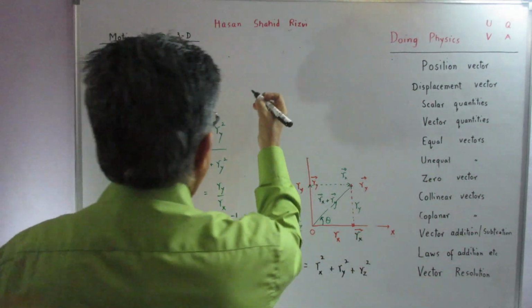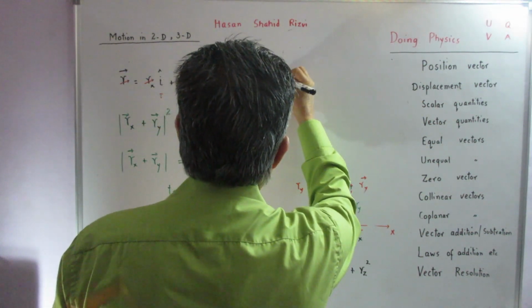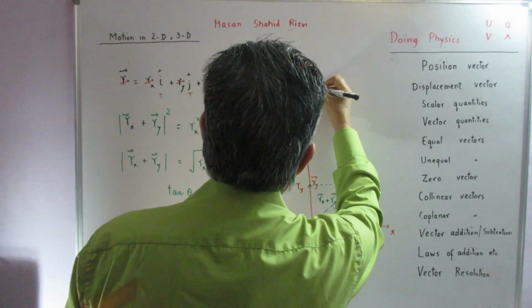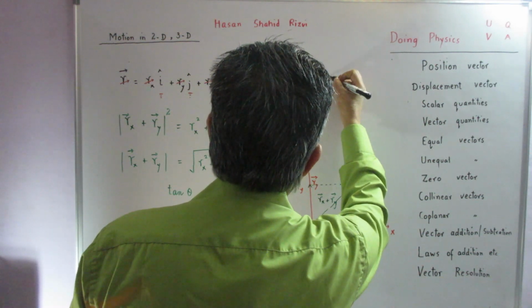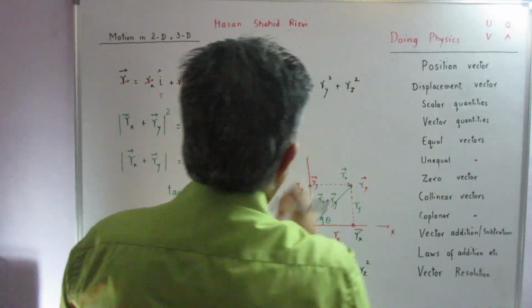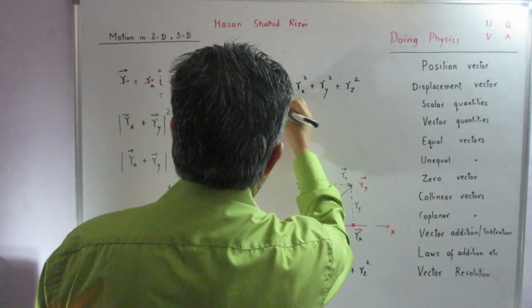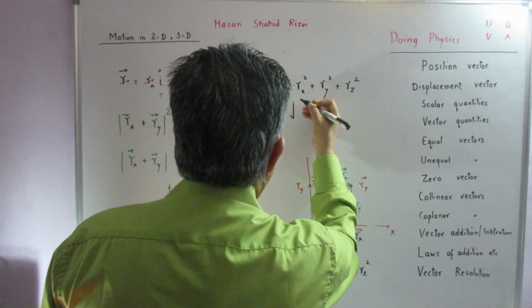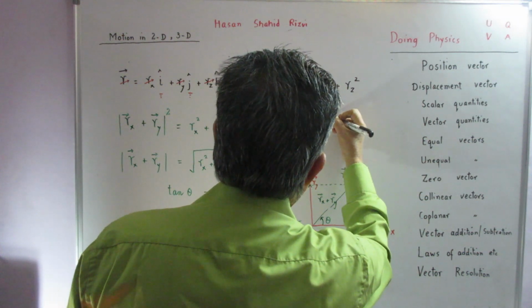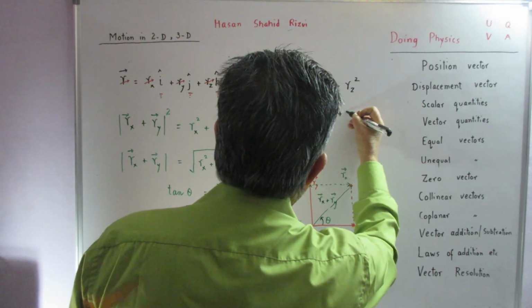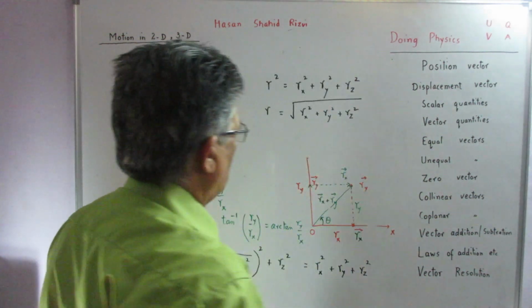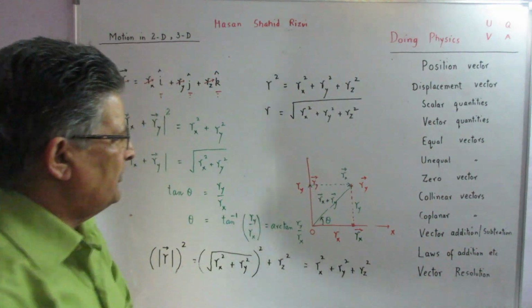Then I write that R square is equal to Rx square plus Ry square plus Rz square. And therefore my R will be equal to Rx square plus Ry square plus Rz square under root, or we can just put it to the power half.